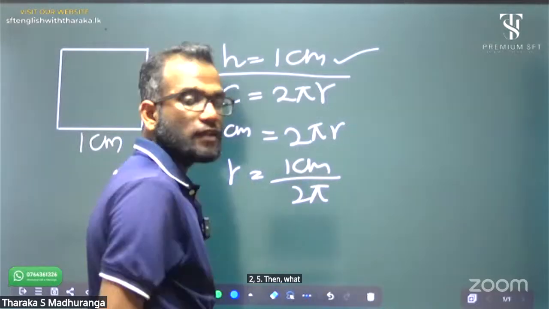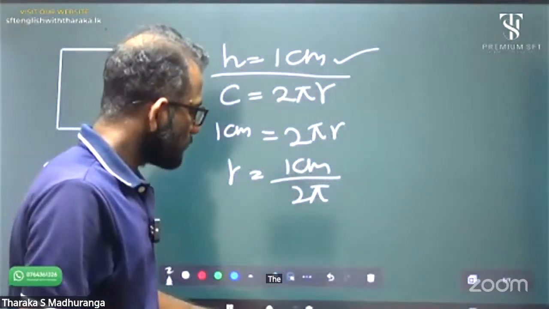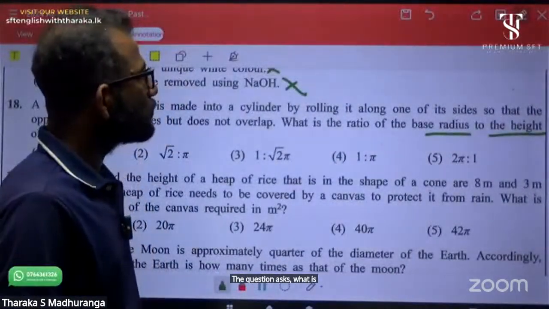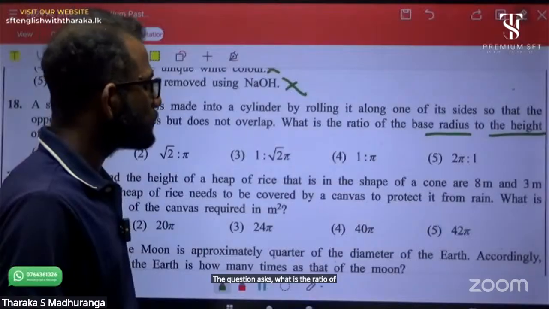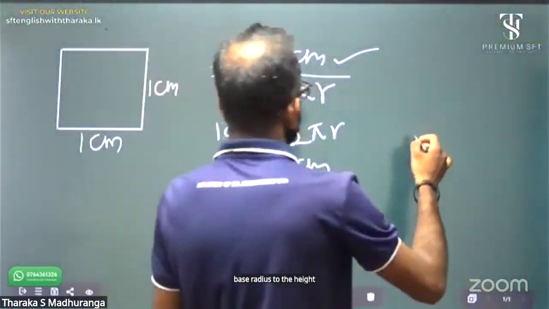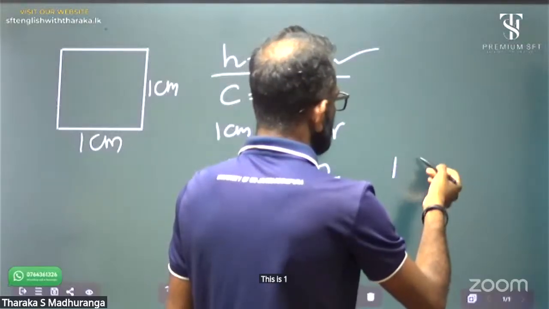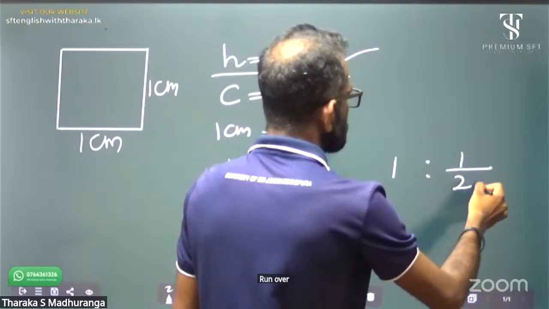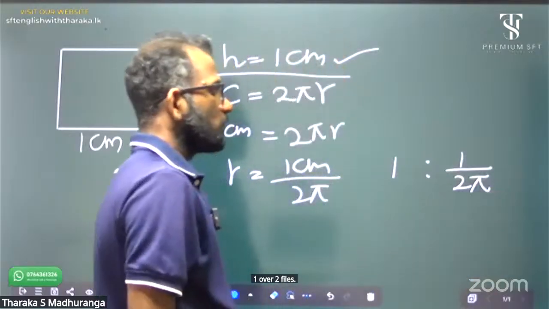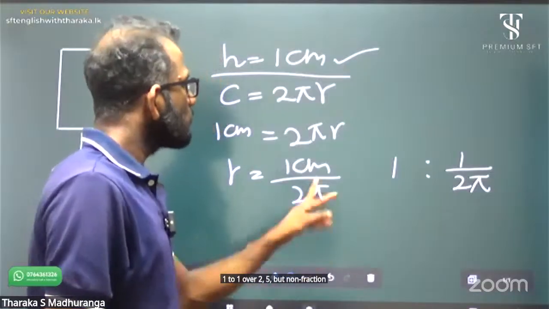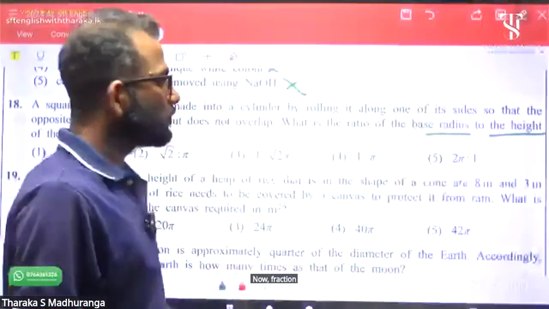Then what is the ratio? The question asks, what is the ratio of the base radius to the height? Okay, this is 1 centimeter, no need for centimeter, 1 to 1 over 2π. But no fraction-type answers are given, no?